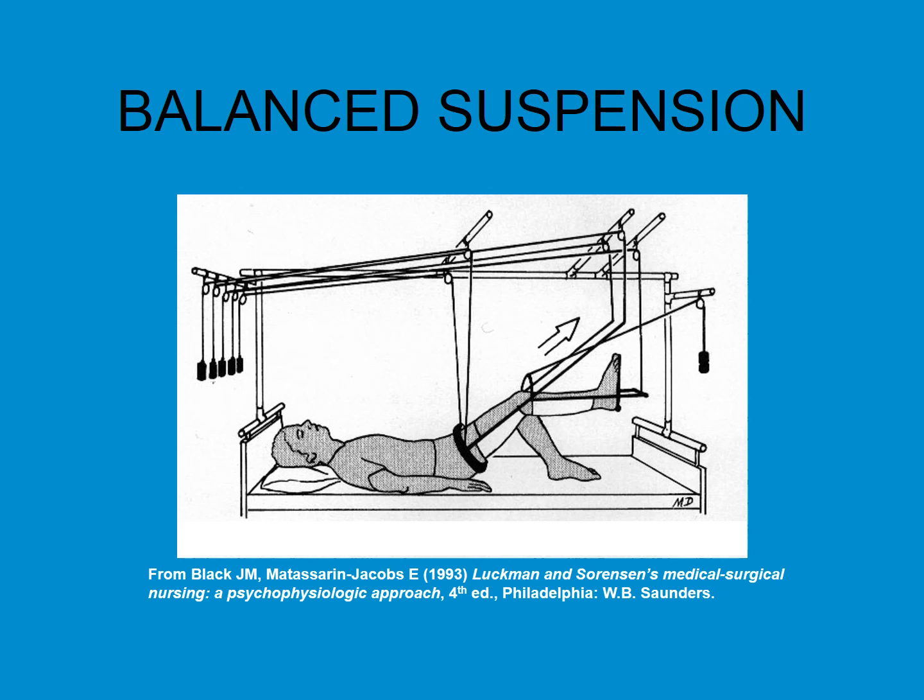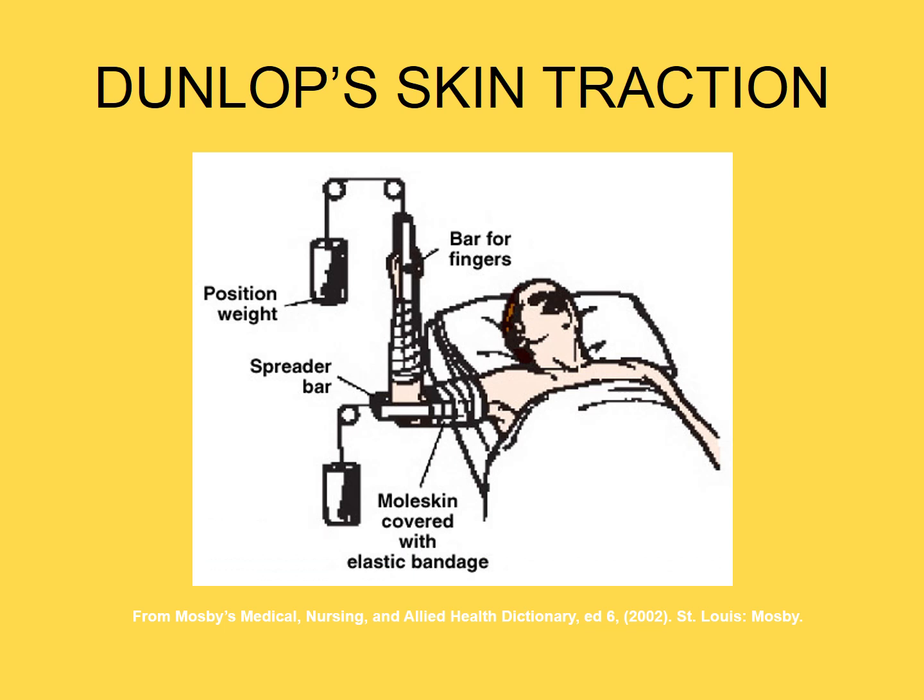Next slide. So the Dunlop skin traction is another form of traction that is used. It's a horizontal traction to align fractures of the humerus. The vertical traction maintains the forearm in proper alignment. Here, the nursing care is similar to Buck's traction.